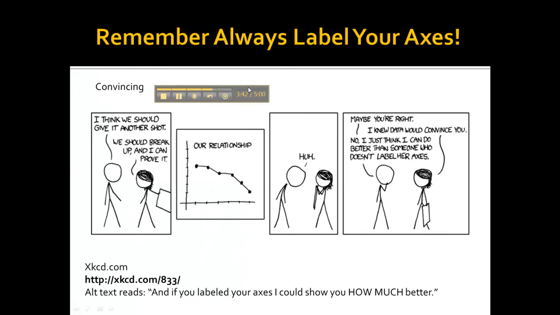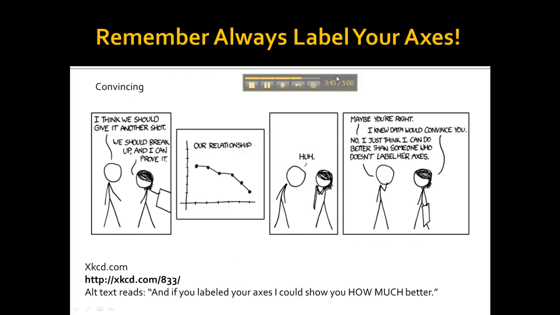This is from a comic from a website called xkcd.com. Not all the comics are safe, and they're not politically correct either, but this one is really cute. It's a couple arguing and they're showing a negative decline in the relationship on the graph, but the gentleman thinks that he can do better than a girl who doesn't label her axes.